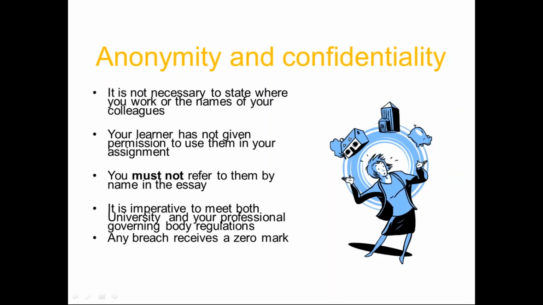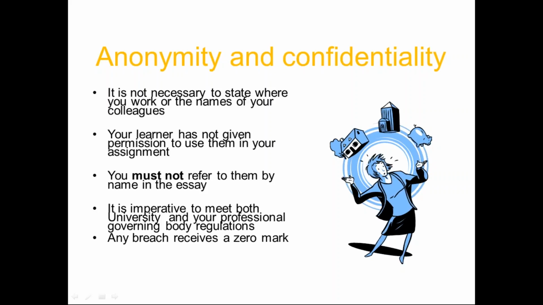This meets both our governing body, the Nursing and Midwifery Council, requirements to maintain confidentiality, and also university regulations, and you will get a 0 if it looks as if you're talking about real people or places.